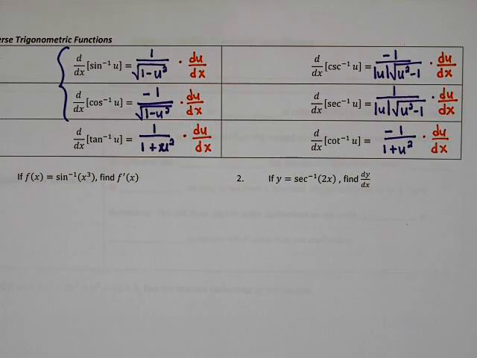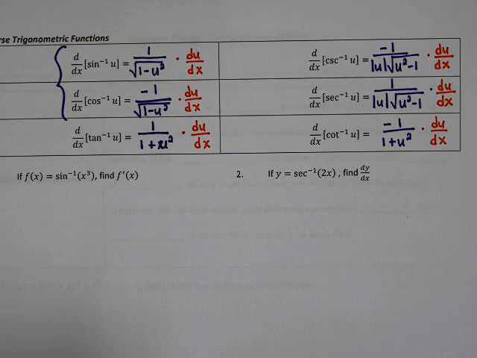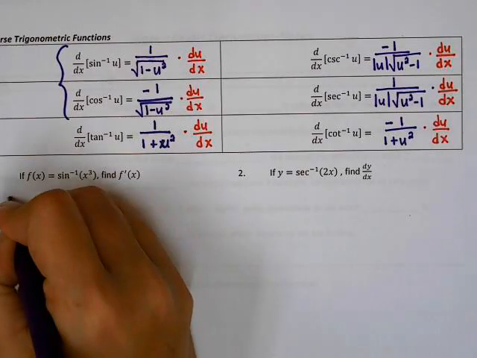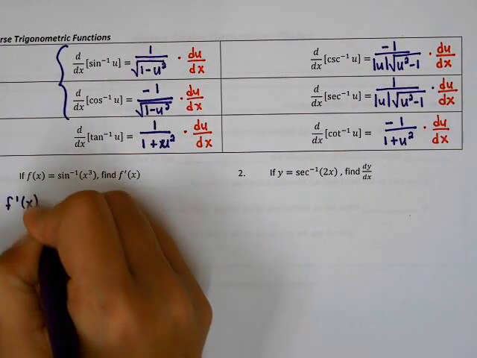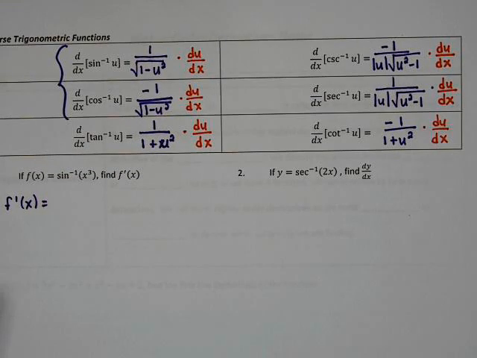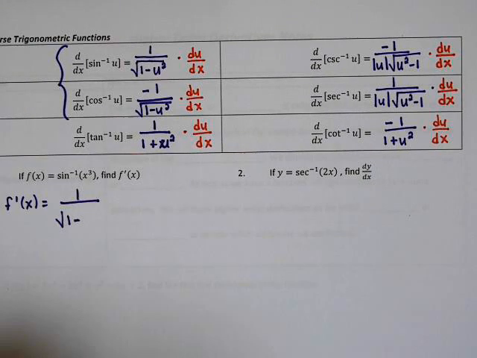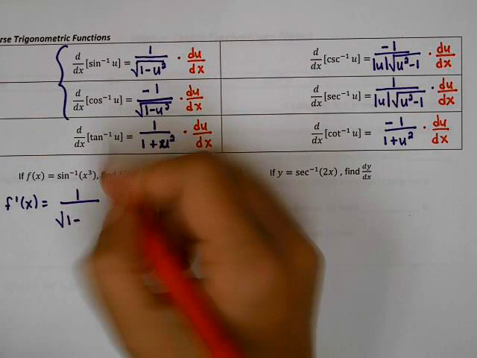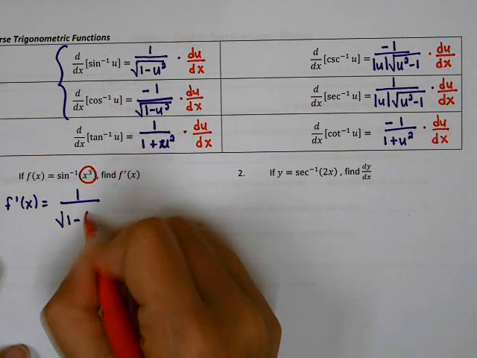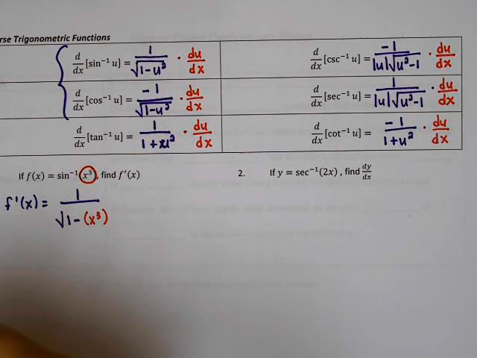All right, how would you actually do this? So if I wanted to find the derivative of inverse sine of x cubed, I would start by using the rule. So the rule says do 1 over the square root of 1 minus whatever was inside here squared. So I would have x cubed squared.